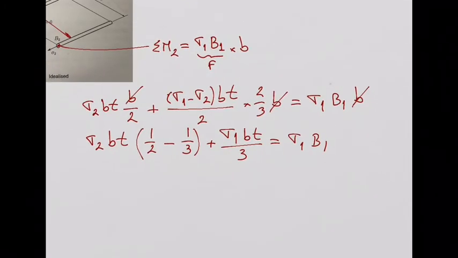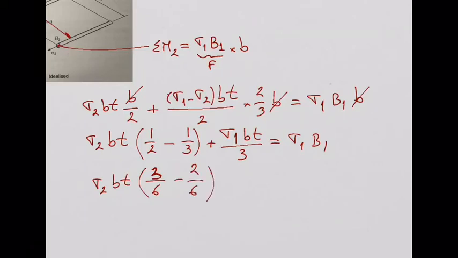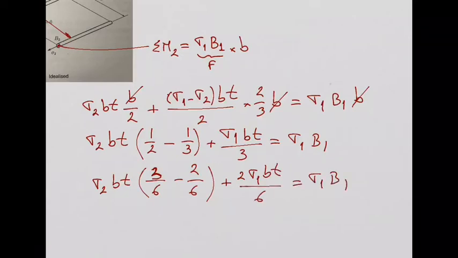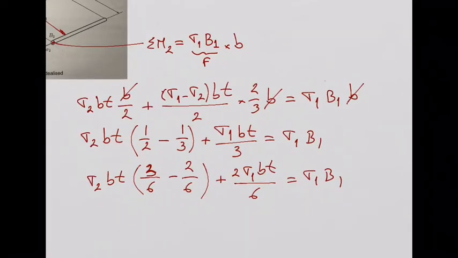Now what can we do? We can do sigma 2 bt. So here I will have 3 over 6 minus 2 over 6 plus 2 sigma 1 bt over 6. Right? Then I can simplify this a bit more.